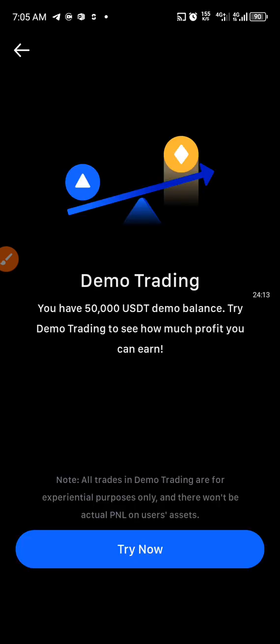So just click on demo trading, then it will tell you you'll be given 50,000 USDT to trade. But remember, it is demo. Any profit you earn cannot be withdrawn. It's just for practicing sake. So click on try now.